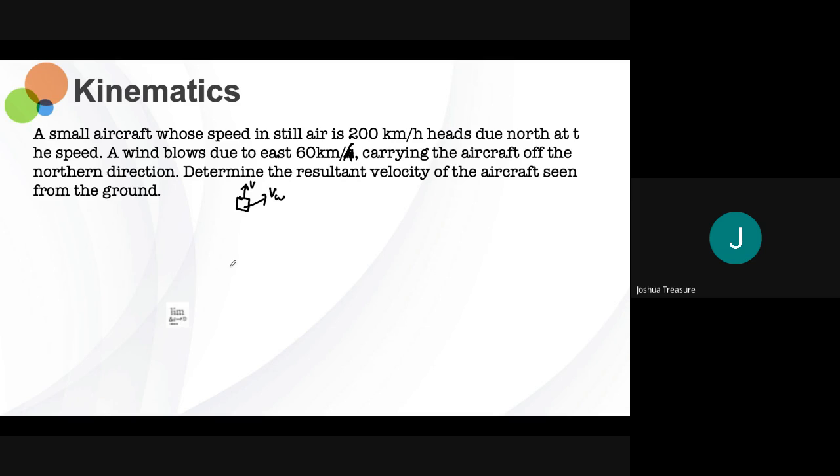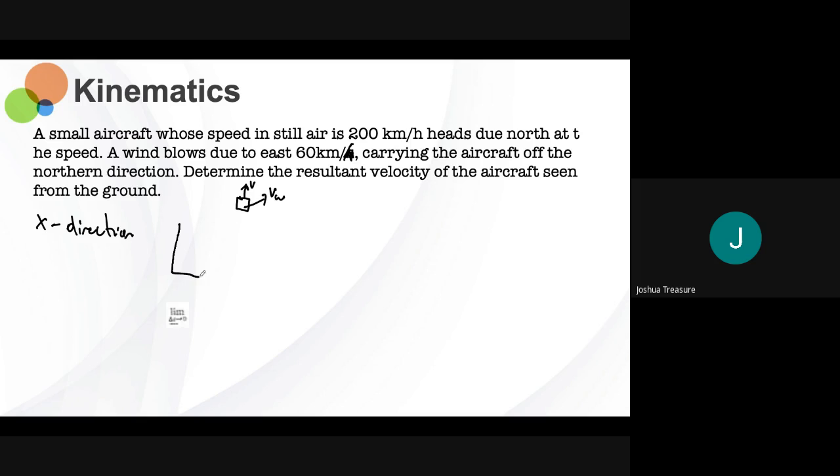All right, let's work this question. We're going to start with the x direction. Now, velocity in the x direction. You will first look at VW, which would be our wind.